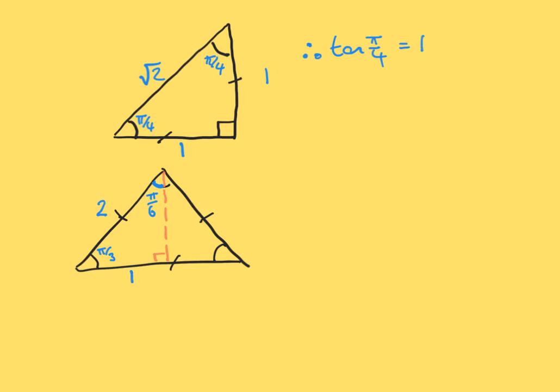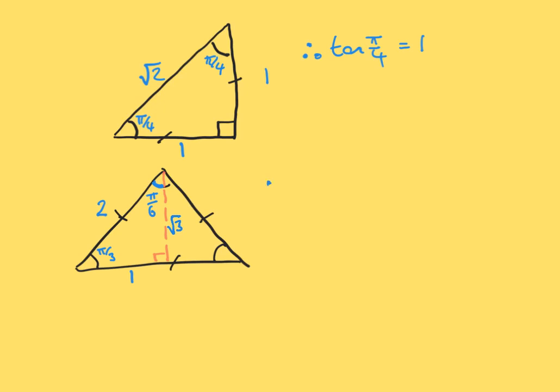And from Pythagoras' theorem, 1 squared plus the square of that is equal to 2 squared, which is 4. So 4 minus the 1 from 1 squared is 3. So this is the square root of 3. Check it with pencil and paper if you need to.